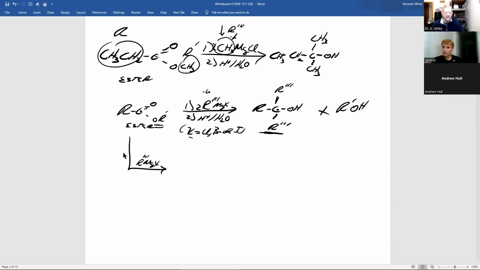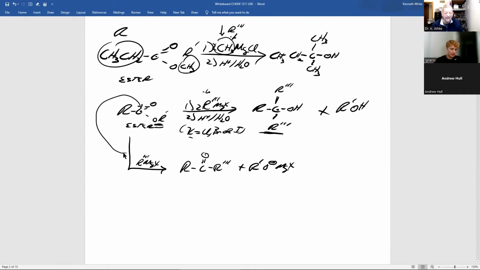When the first Grignard reacts with the ester, it attacks the carbonyl carbon just like it would in a ketone, and then kicks this OR out, minus out. And what you get is this.